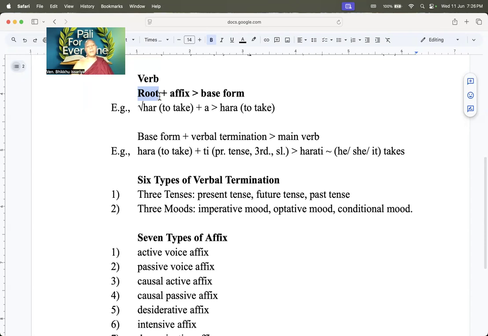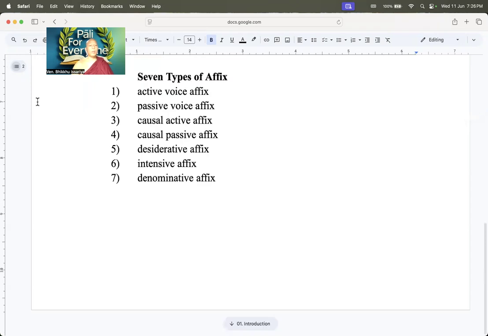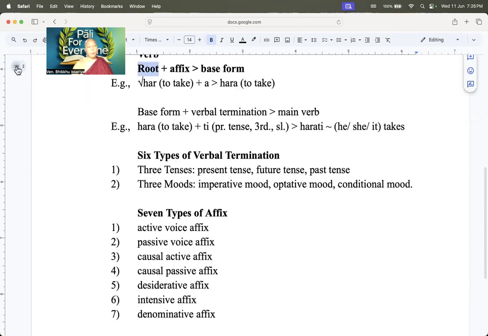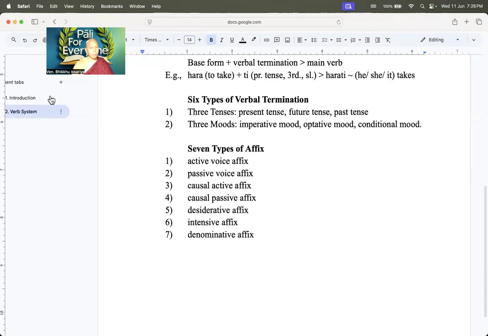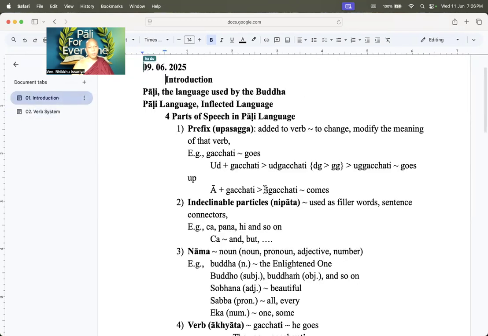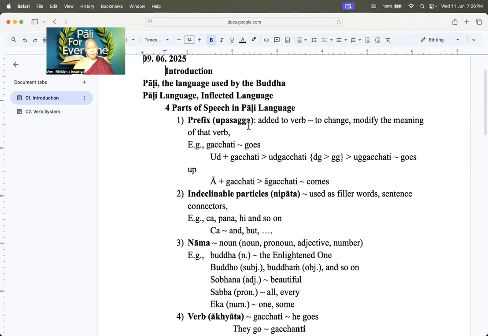But when we introduced Pali in the previous lecture, I introduced the prefix. That prefix is added to the verb. Okay, instead of saying added to the verb, exactly speaking, it is added to the root.